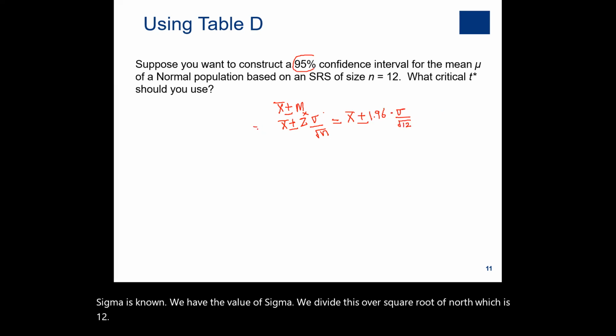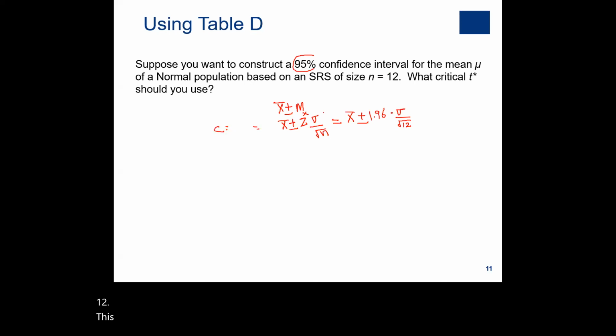This is the 95% confidence interval when sigma is known.